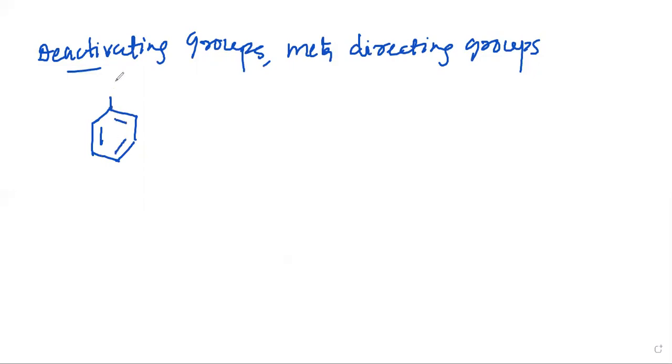Here, my dear students, there is an N double bond O present, and there are electrons available on this oxygen. So let us study about the various electrons that are available on the oxygen.